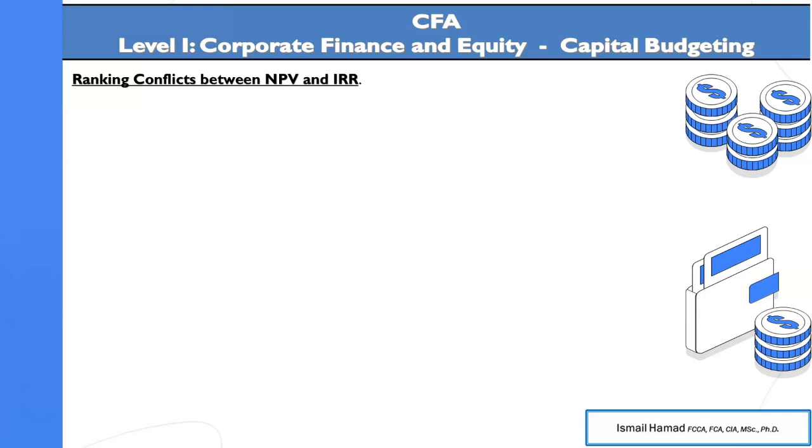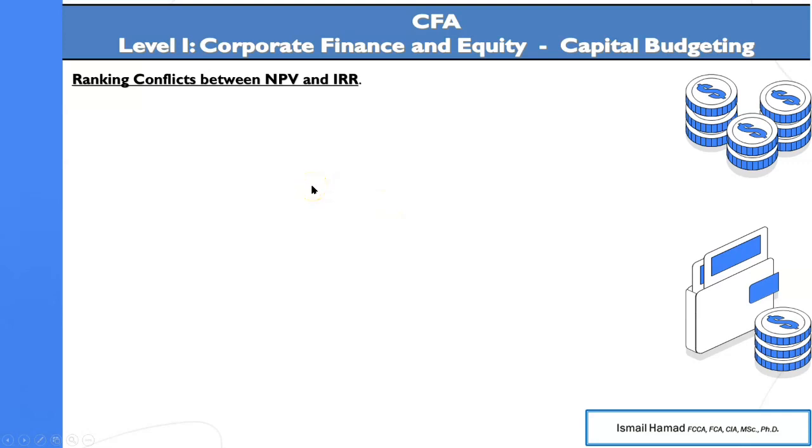Sometimes we will have some conflict between the net present value calculation and IRR. Sometimes you get a net present value higher but a lower IRR in one project, and the other project will have a lower net present value but a higher IRR than the first one.